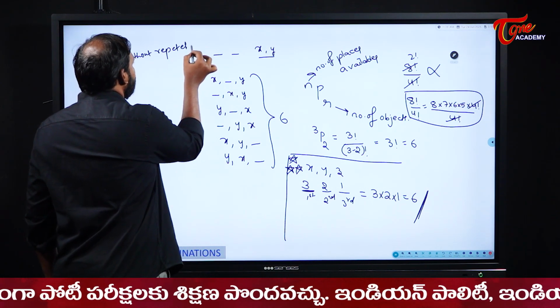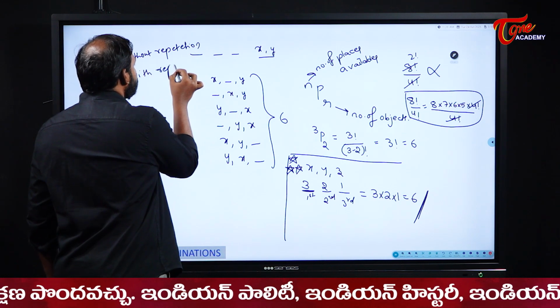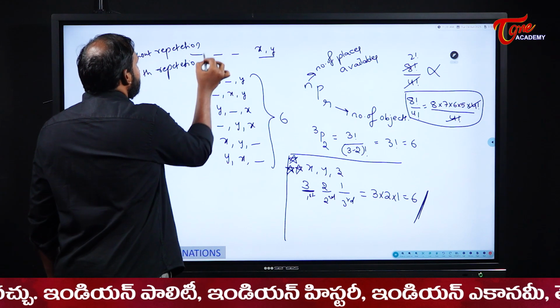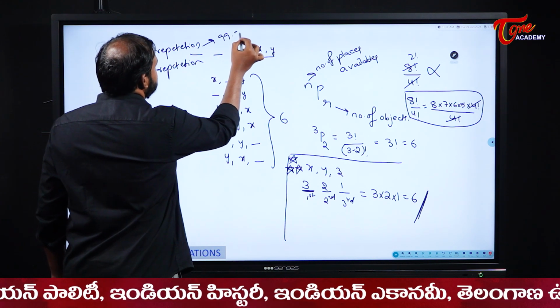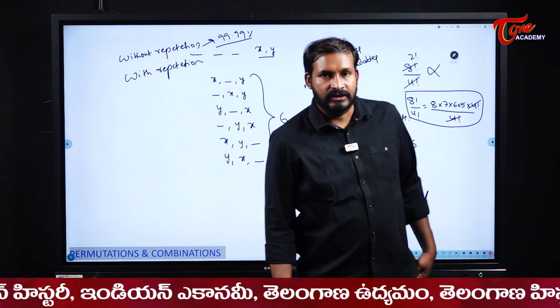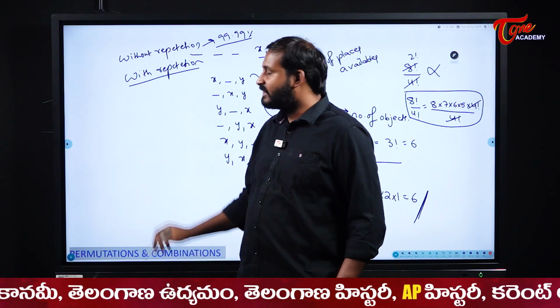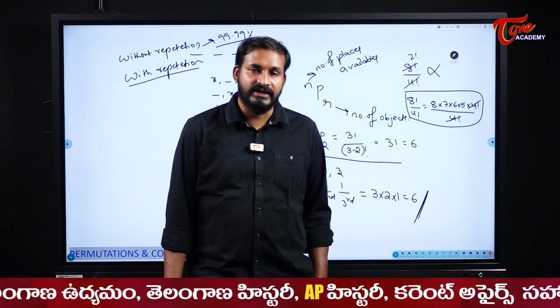Sir, what is this without repetition and with repetition? See, in 99.99% of cases, we will see questions based on without repetition only. In very, very rare conditions only, we will see questions based on with repetition. What is meant by this without and with?